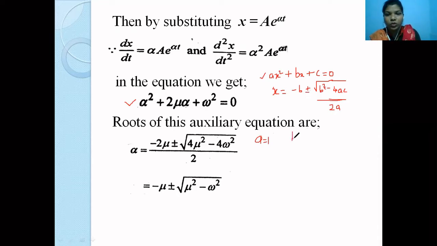So b is equal to 2 mu, right? b is equal to 2 mu. And then for c, there is no x here, there is no alpha. So I can simply put c is equal to omega square.